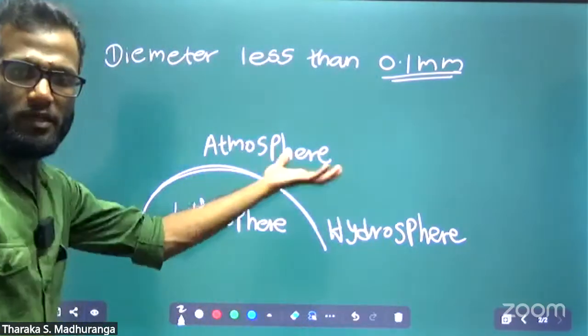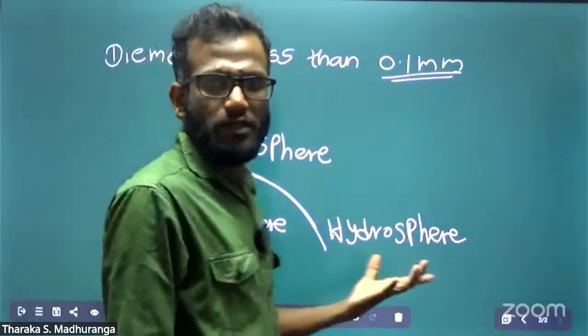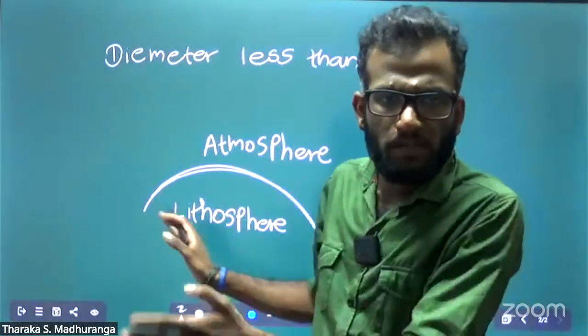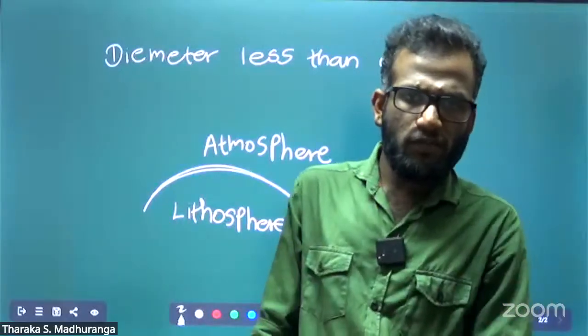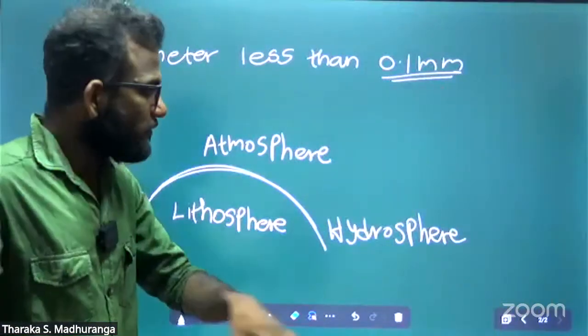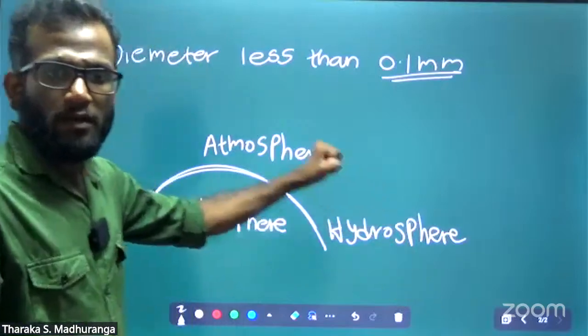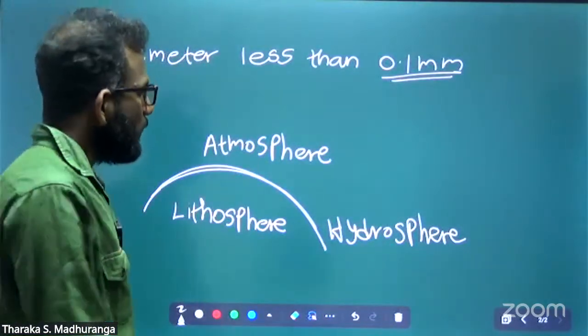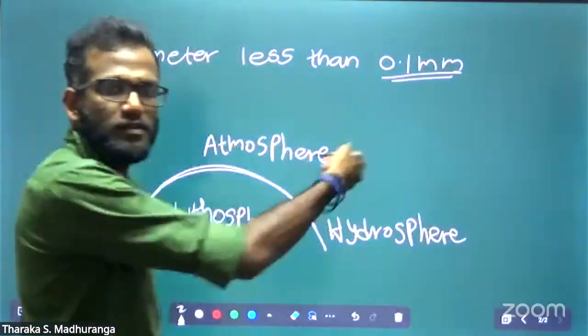There are three. This is the entire Earth. Lithosphere means the ground surface. The water surfaces, hydrosphere. The air surfaces, atmosphere. There are three surfaces, three spheres.